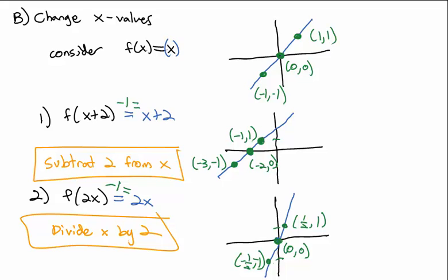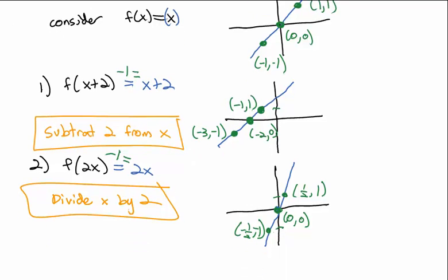And so if you could visualize example 1 here, the background, the grid has moved right 2. The graph stayed in the same place. And so when the grid moves right 2, it gives the illusion the graph or the line has moved left 2. And that's kind of what's happening with the x values. You see the opposite of what you expect to happen.